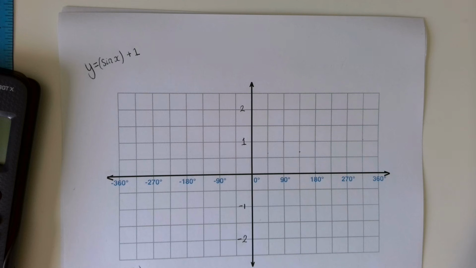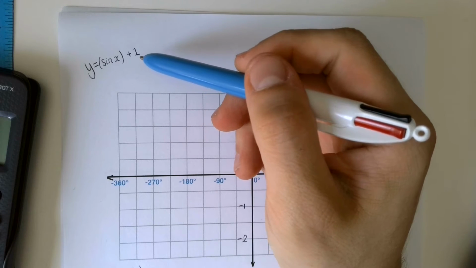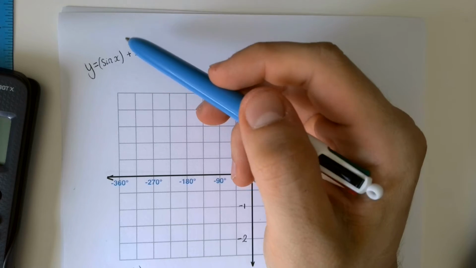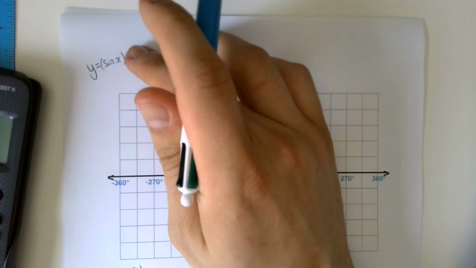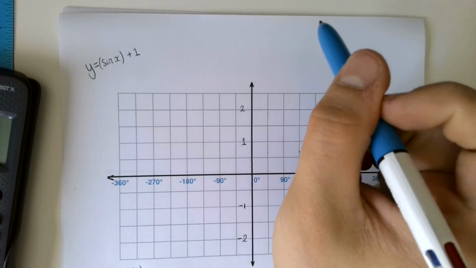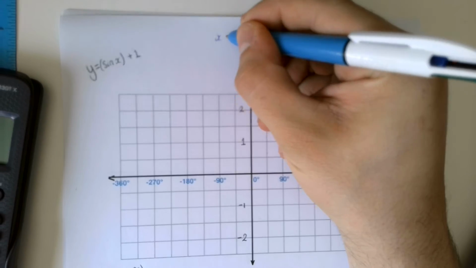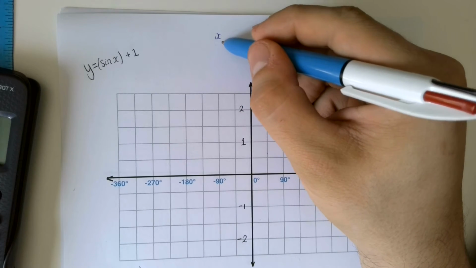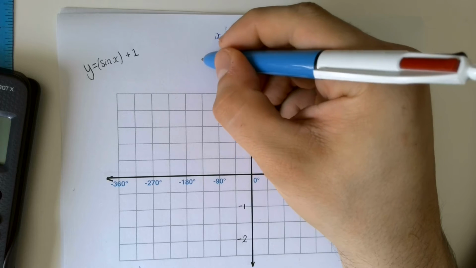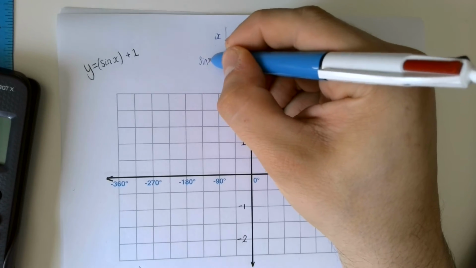So if we look here, I'm being asked to draw a graph of y equals sine x plus 1. So we saw how we would draw the graph of just y equals sine x, but we now need to draw a graph of y equals sine x plus 1. So what I'm going to do, in a similar way to how I did before, is just draw out a table with my x and my y.